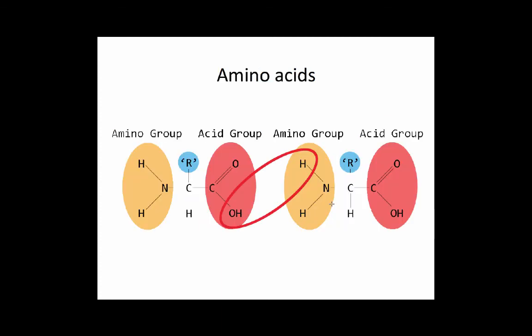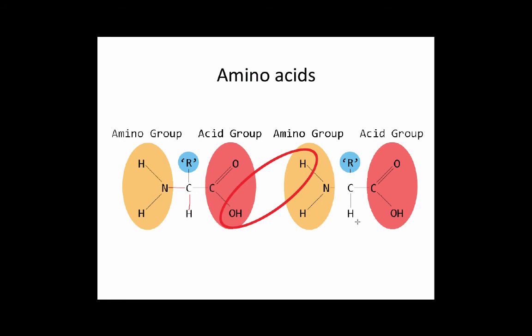These are extraordinarily common in biomolecules, for example, amino acids. Amino acids are called amino acids because they have an amino group on one side and an acid group on the other. I think the bonds kind of got erased here, but this would be one amino acid molecule.